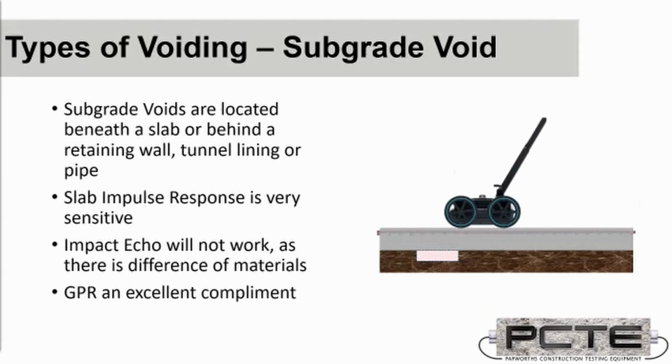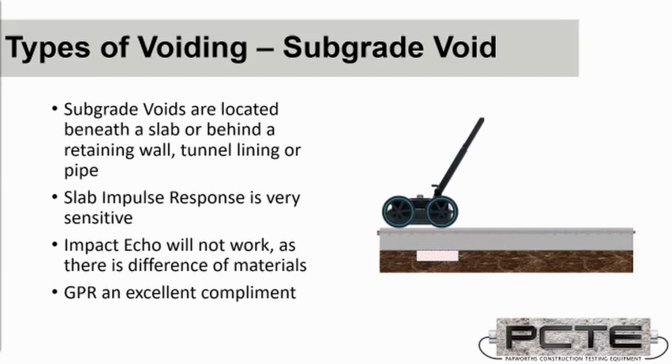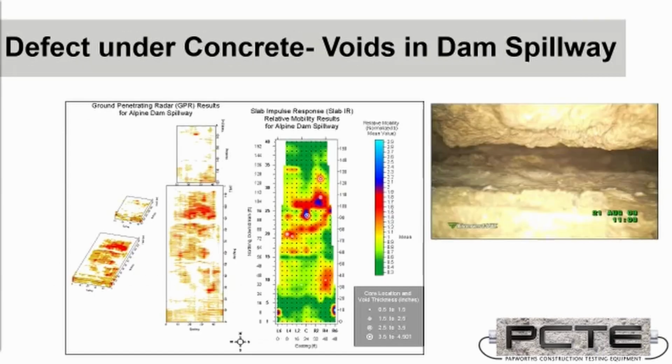Now, you certainly can use ground penetrating radar, and for subgrade voiding, it's very common to combine an approach of ground penetrating radar and slab impulse response for the best measurements. So in this case study, the left-hand data is the signal strength at the thickness of a spillway underneath it, which lets water out of a dam, indicating regions of stronger signal.